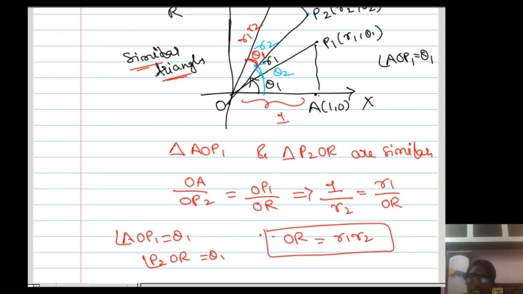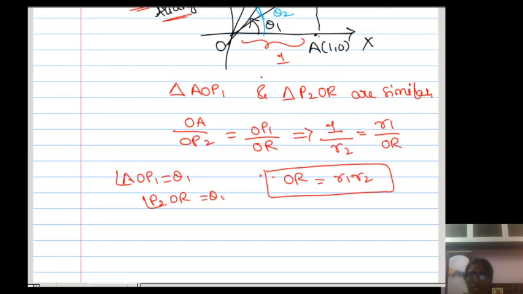This is theta1. Here, in blue color, theta2. Total, how much? The total angle made by the ray OR with the x-axis in the anti-clockwise direction. Can I say theta1 plus theta2? Yes. So finally, the angle AOR is equivalent to the angle AOP1 plus the angle P2OR. So from this I can say theta1 plus theta2.